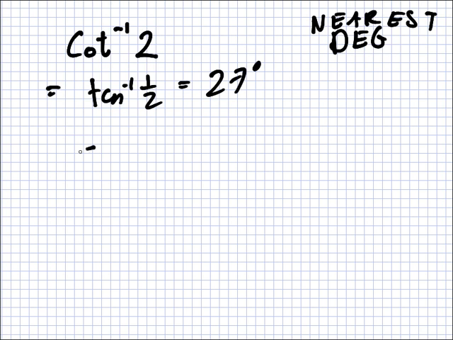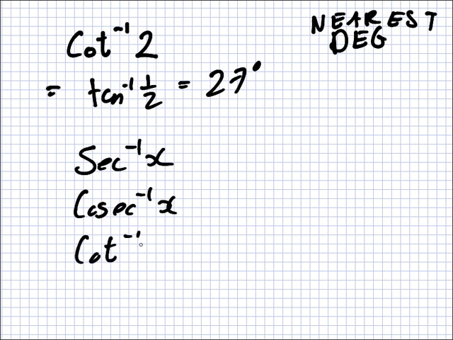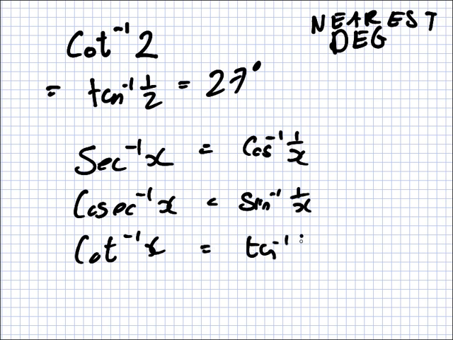So do you notice what's happening here? Sec inverse, cosec inverse, and cotan inverse. This is cos inverse 1 over x. And this is sine inverse 1 over x. And this is tan inverse 1 over x.